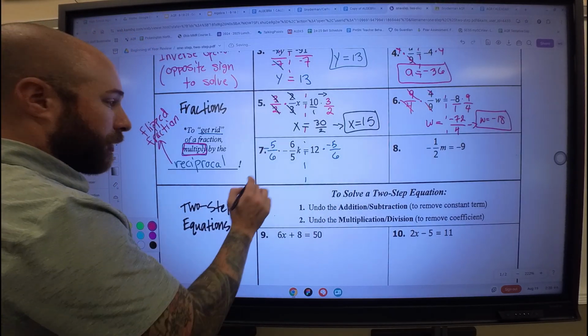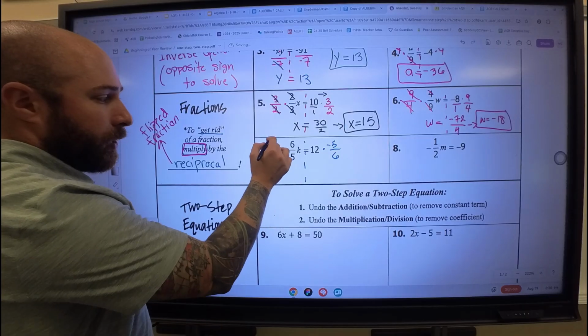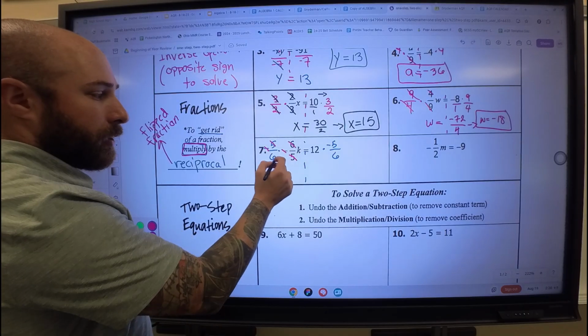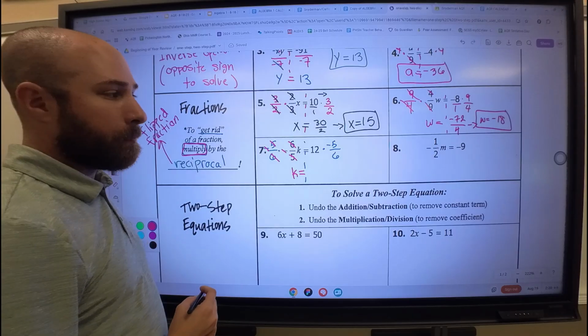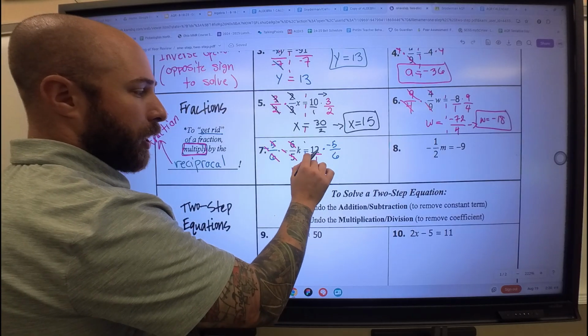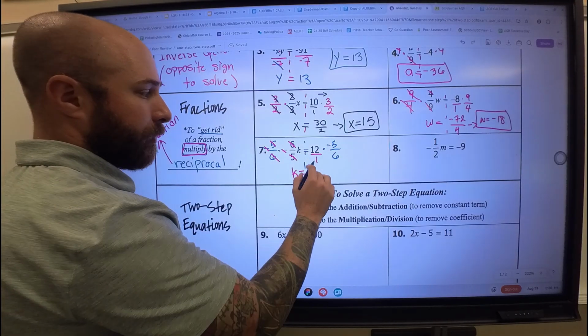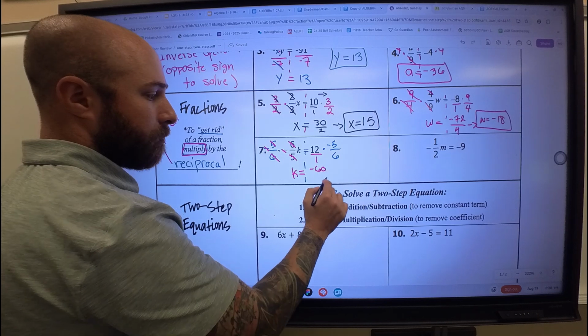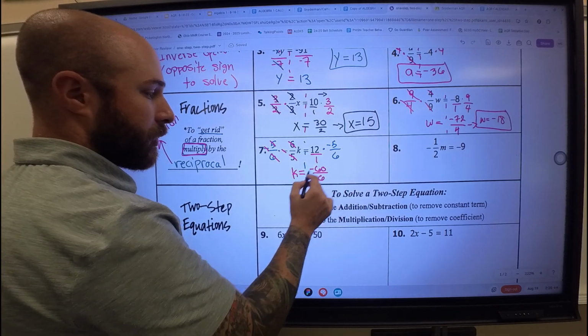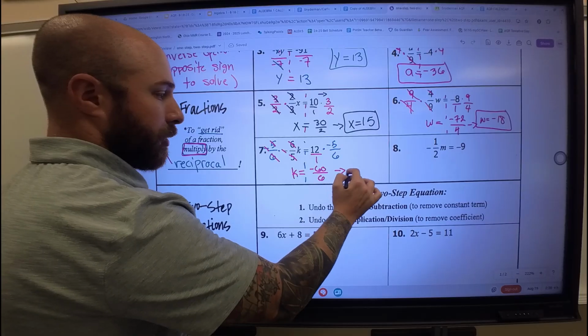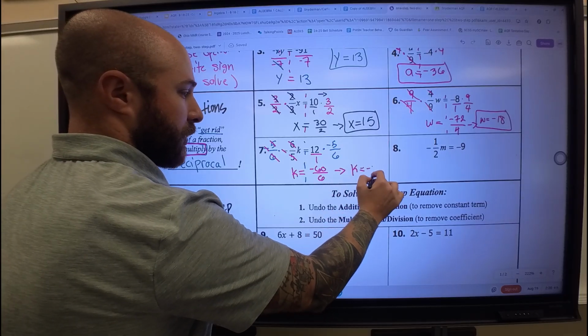On the left, that cancels out the negative, cancels out the 5's, cancels out the 6's, leaves me with just k. And on the right, I have 12 times -5, which is -60, and 1 times 6, which is 6. -60 divided by 6 gives us -10.